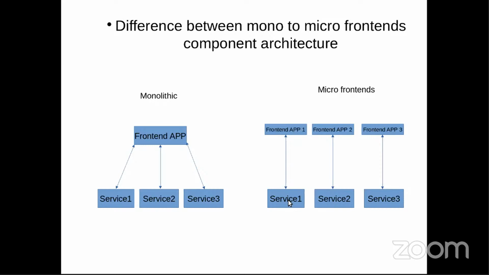So when there is a change in service 1, only front end app 1 will have some changes, and only the team working on this front end app will do those changes and send it for testing.